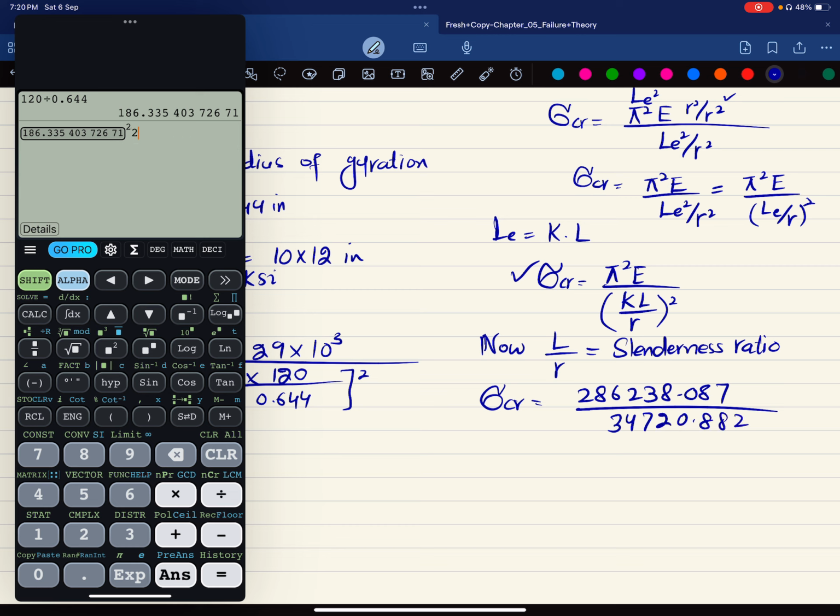Dividing 286,238.087 by that answer gives the critical stress, equal to 8.243 ksi.